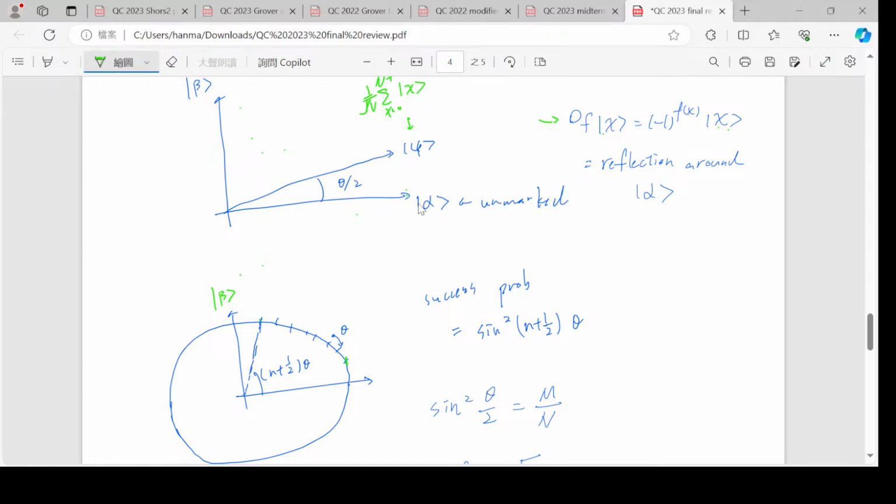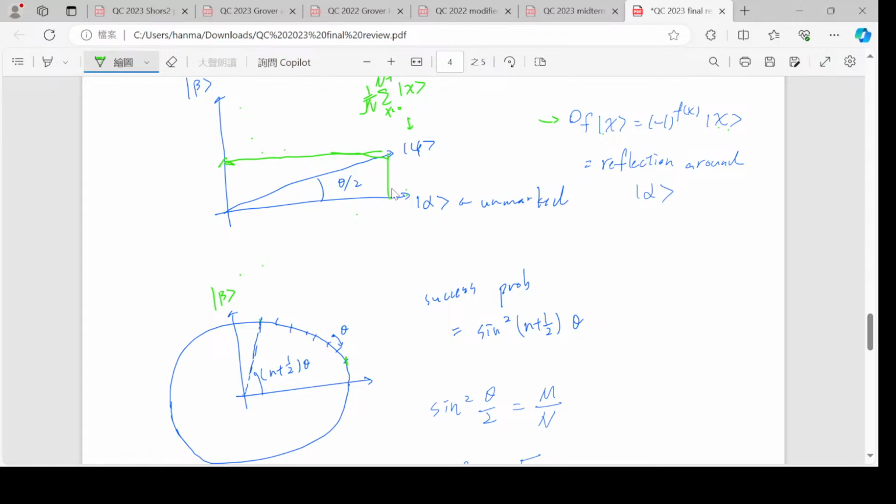This uniform superposition is theta over 2 away from alpha. If you measure this equal superposition state, then the component on beta is sine squared theta over 2. So we just measure and go to this alpha component or beta component, and this one is sine theta over 2 squared, just by the geometry.